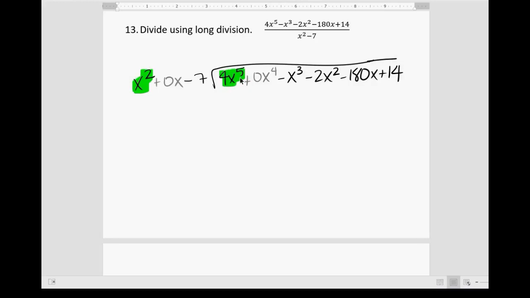So 4x to the 5th divided by x squared is going to give you 4x to the 3rd. Okay? Then you're going to multiply. It's just like long division with numbers.